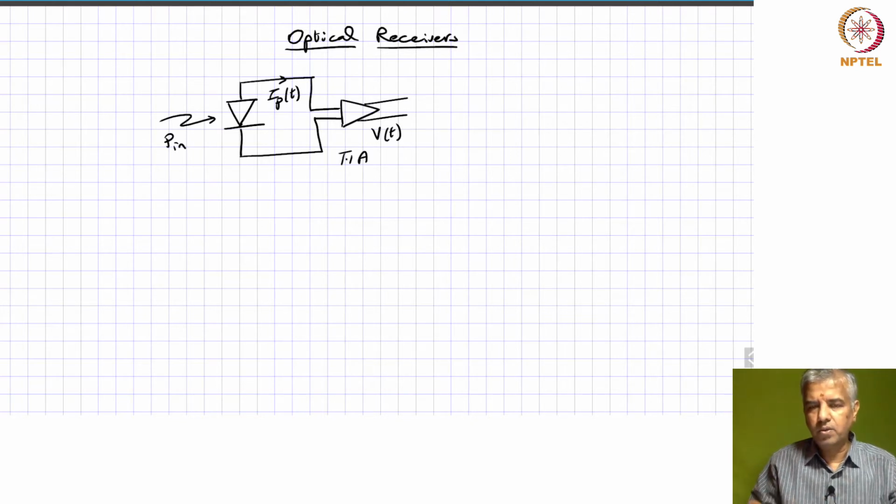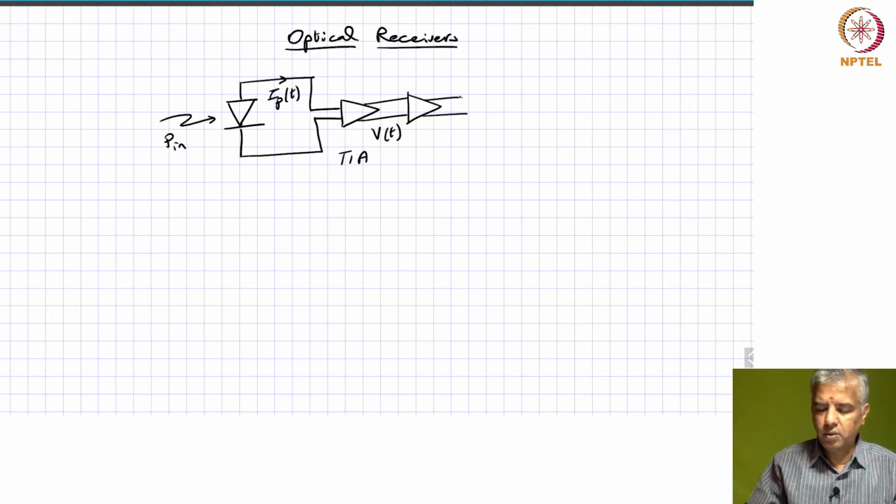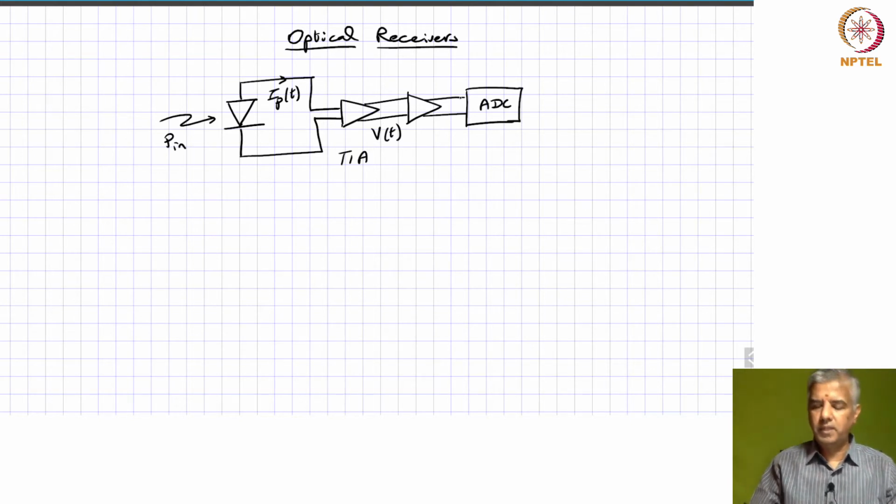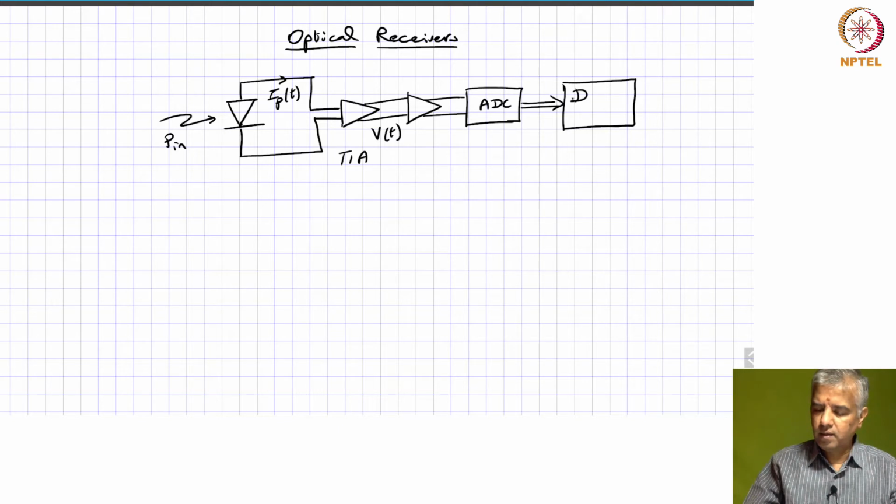Okay, so this output voltage now needs to possibly be amplified further, and then that amplified voltage is taken out, and then you have what is called an analog to digital converter, which generates your digital samples, and then those digital samples will finally be fed into a data acquisition unit.